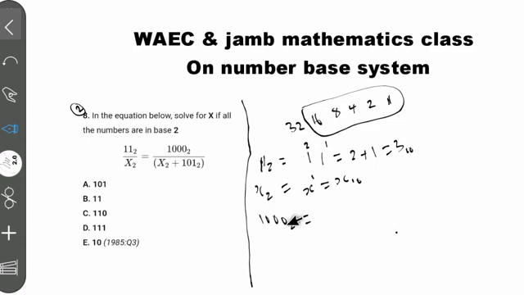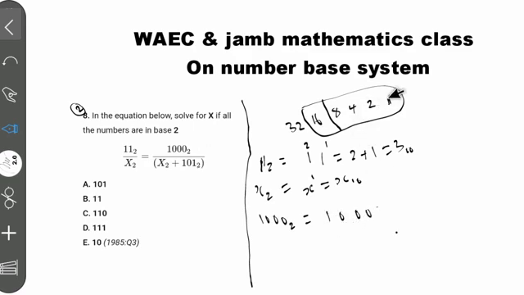How many digits do you have here? We have 1, 2, 3, 4, that is 4 digits, so you need 4 codes. We have 1, 0, 0, 0. That is three 0s, and the 1 is the fourth one.